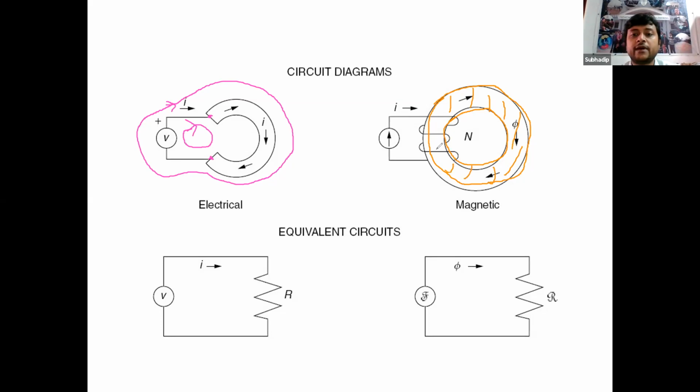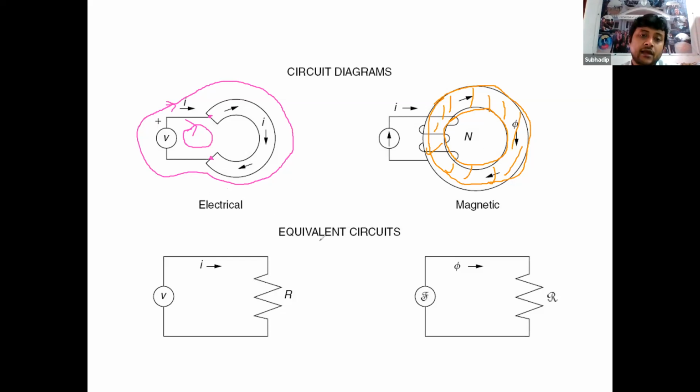And this is a current source, and this conductor having N number of turns makes a solenoid, and then it is closed. Now what will happen, the magnetic motive force which is created will depend on the number of turns into the current flowing through the conductor. So it is nothing but N into I. So this is a magnetic circuit.